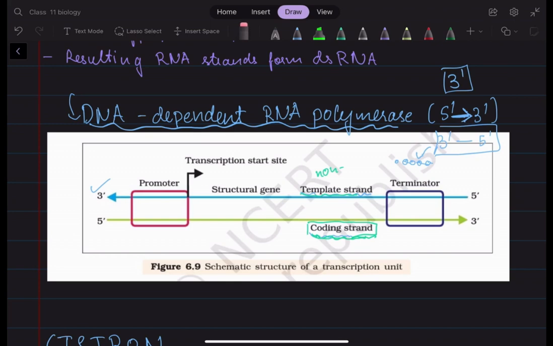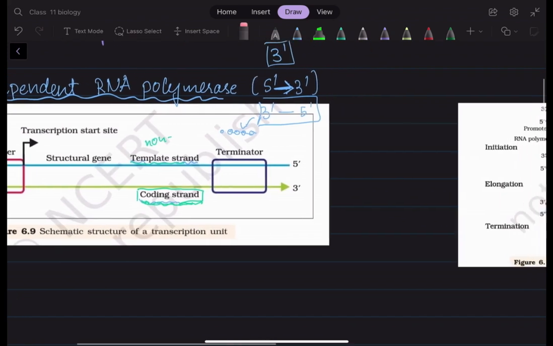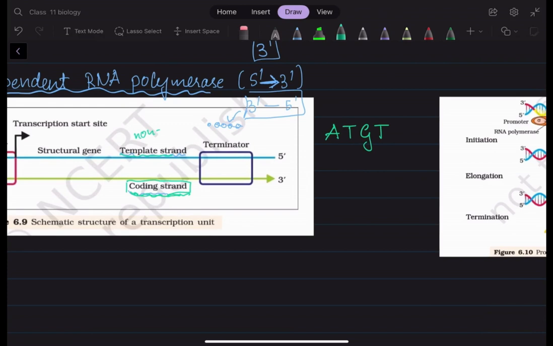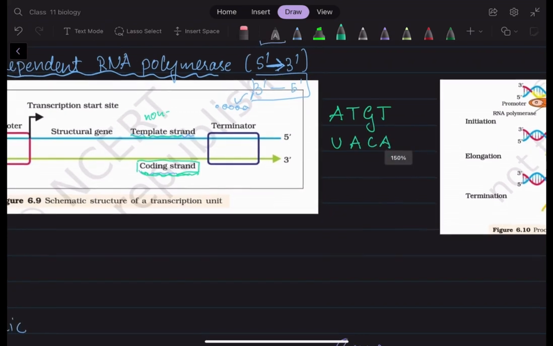When the corresponding RNA is formed, let us say we had a sequence like ATGT that was transcribed, so the corresponding RNA sequence will be UACA, right?